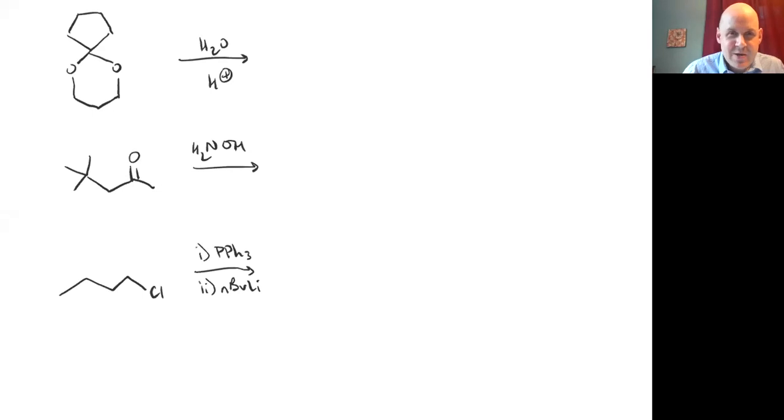All right, Kylie, what are we gonna do up here? What is water and acid gonna do to this thing? Gonna make it into the double bond O. Right. And so would the double bond O be coming off of the top ring or off of the bottom chain?